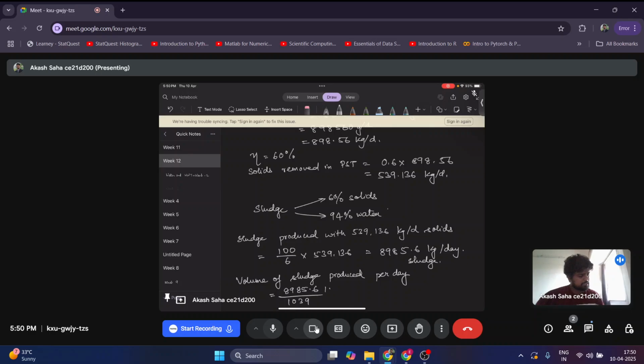This is in kg per day, this is in kg per meter cube. So 8.64 meter cube per day. Okay, very simple. So this is the final answer. You can note it down or take a screenshot, then I'll move on.